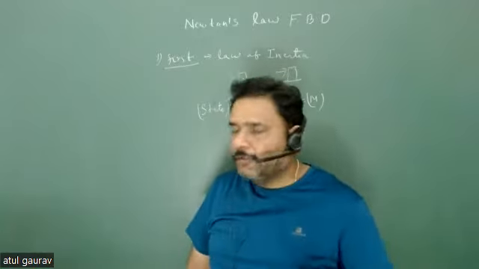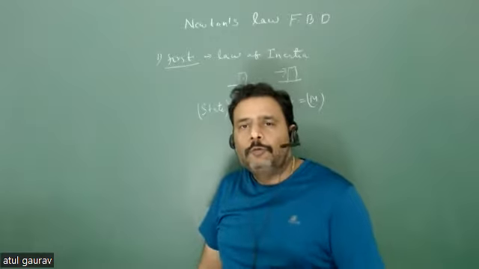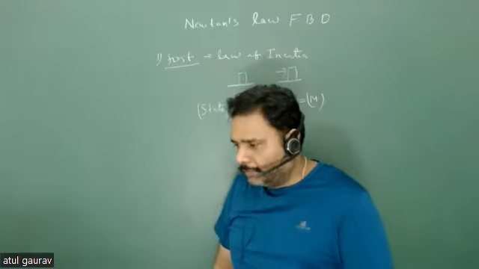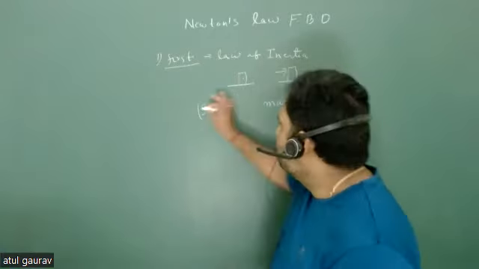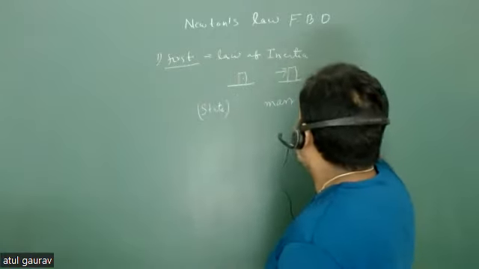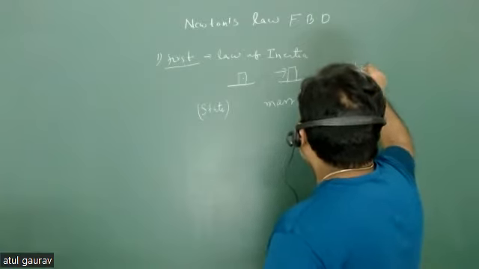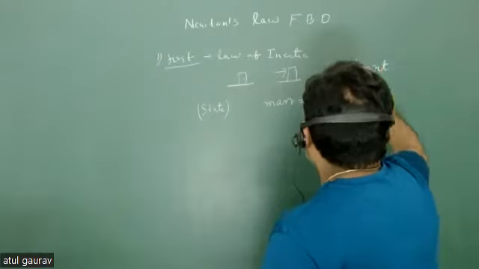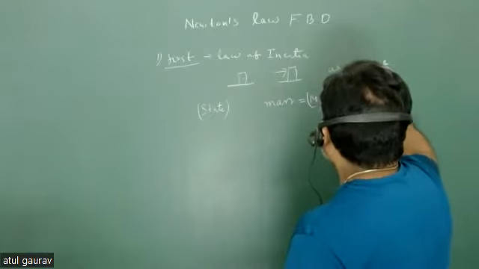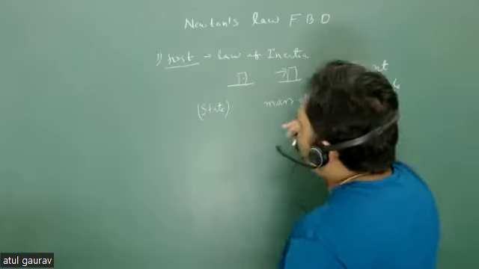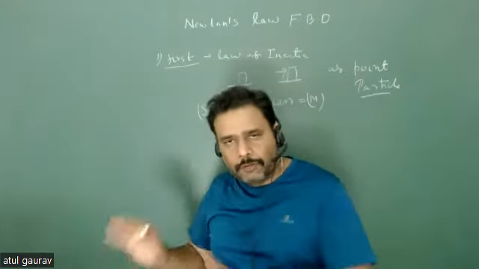We want to change the state of whatever particle it is. And here is one of the very fundamental things: we assume all these particles as point particles. We are going to discuss only one-dimensional motion right now.